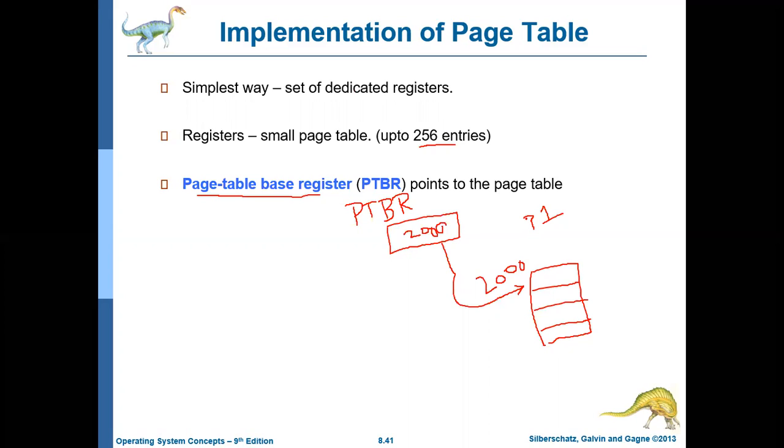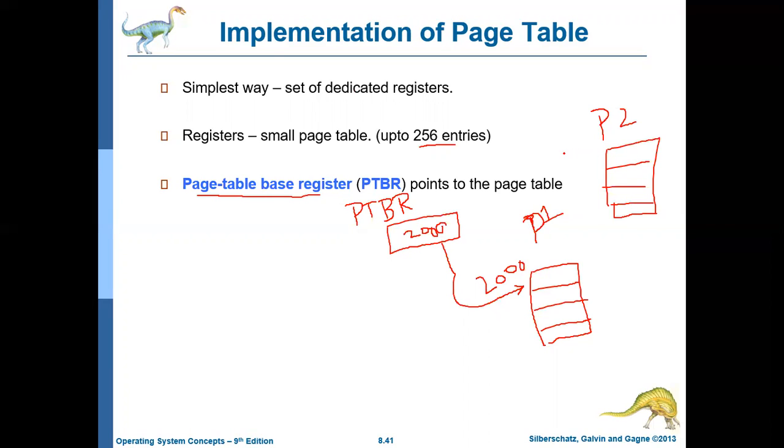Okay. So this is the page table for process P1, but there may be some other process P2. For that, the page table may be different. So currently P1 is executing, so PTBR is loaded with 2000. If there is another process P2, it will have its own page table, okay, and it will have its own set of entries, right?